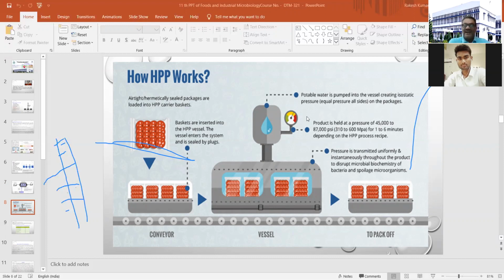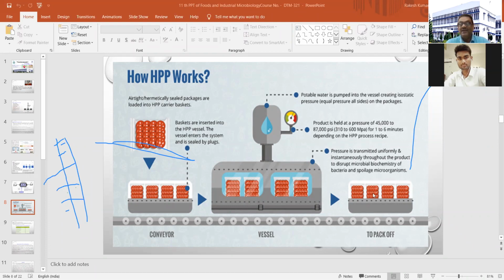what type of product you are selecting, what level you have to treat, what is the initial contamination level, how long you have to preserve, and what is the nature of that particular food item. Depending upon that, you have to select a particular pressure and time for processing. The pressure is transmitted uniformly and instantaneously throughout the product to disrupt microbial biochemistry of bacteria and spoilage organisms.